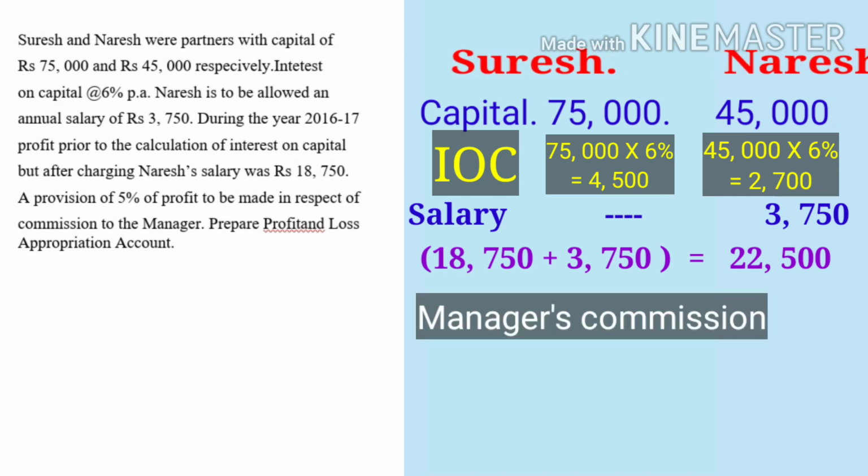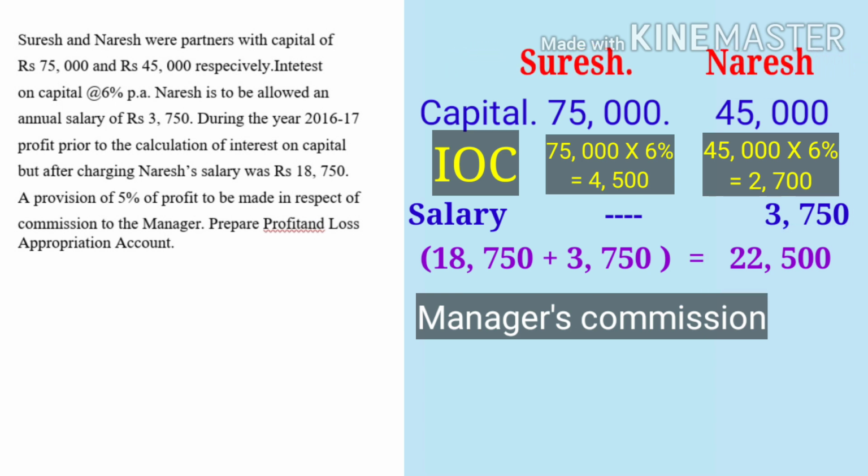The question is saying that a provision of 5% of profit is to be made in respect of commission to the manager. That 5% we can show as a working note because we cannot enter this 5% in the profit and loss account.